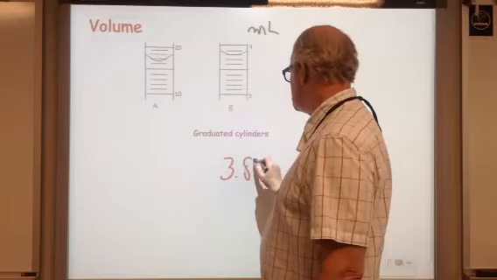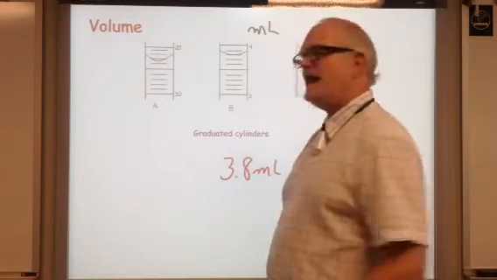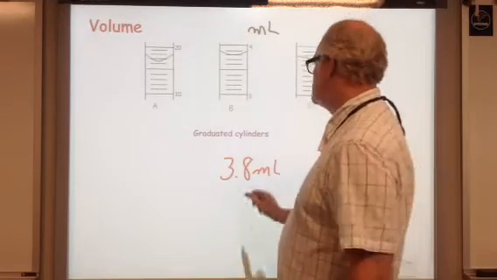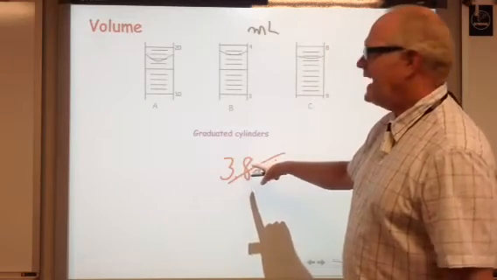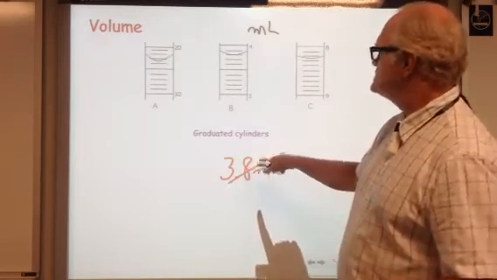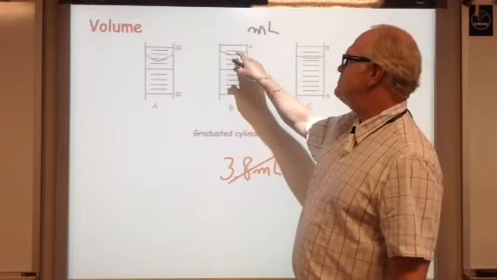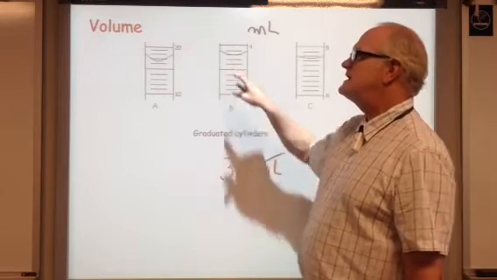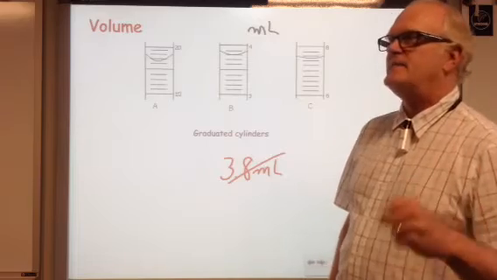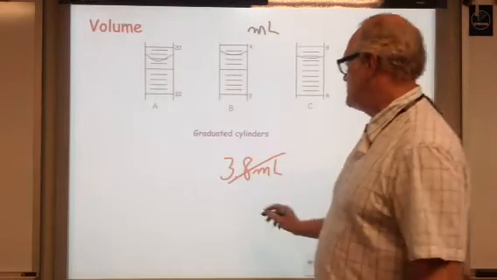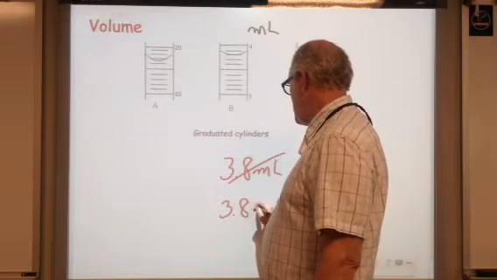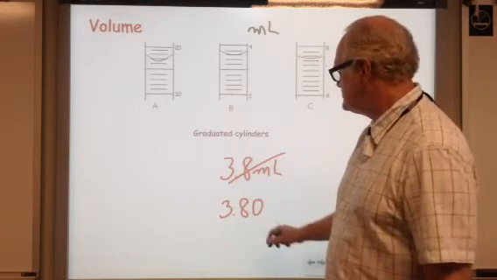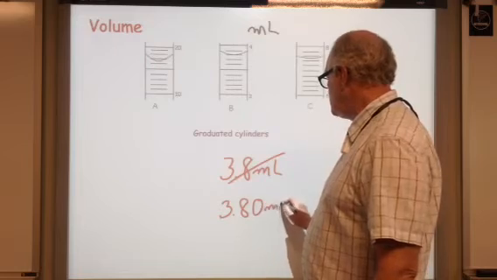But if I write down this number, 3.8 milliliters, that is not the correct measurement. Because if I write down 3.8, I'm not telling someone who looks at this measurement if there's slightly more than 3.8 or slightly less than 3.8. I'm estimating that there's exactly 3.8 milliliters, and I write that down by putting in an estimated digit beyond the marks.